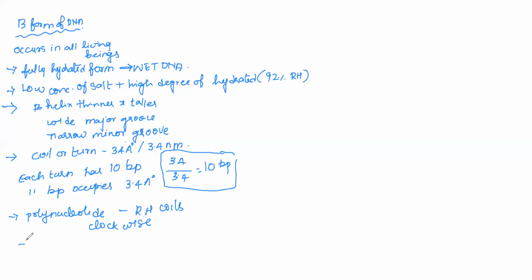Who discovered it? We already know it is Rosalind Franklin, who actually described the form, and later on it was Watson and Crick who described the double helical structure. So we have seen all these things.